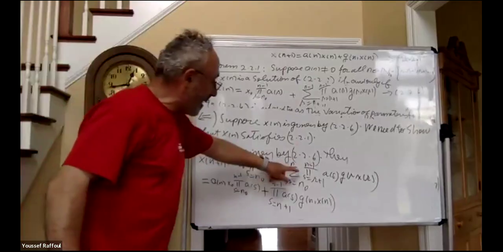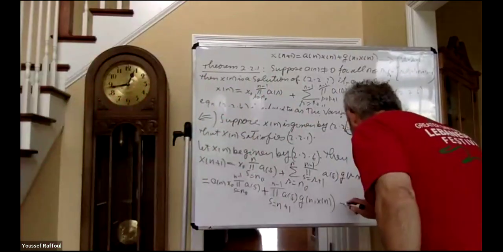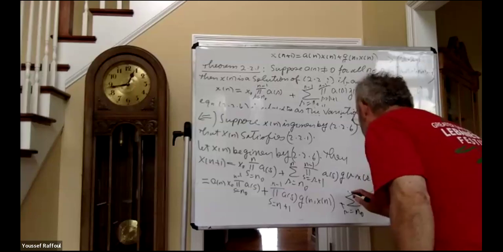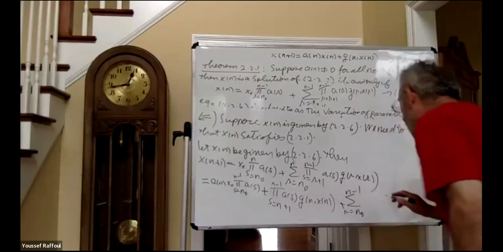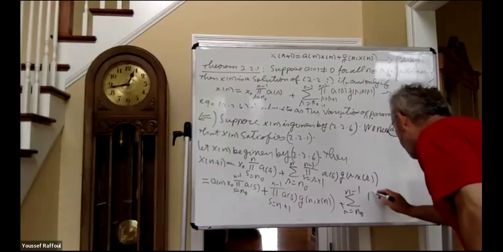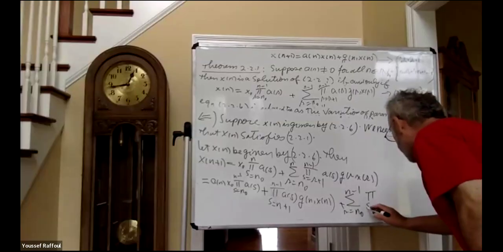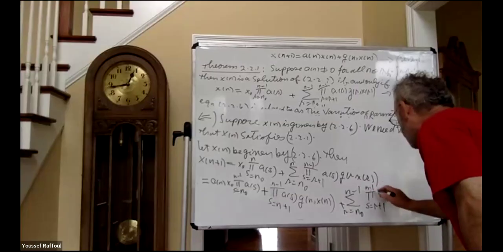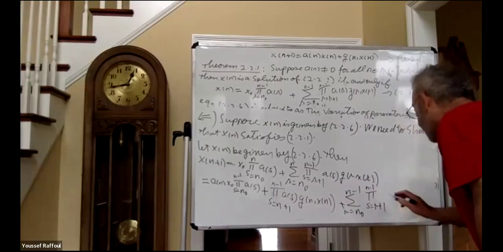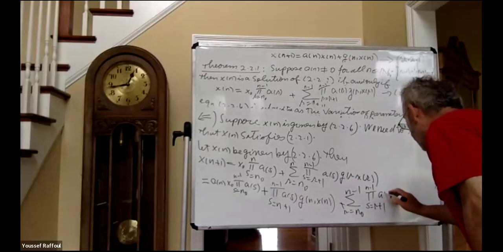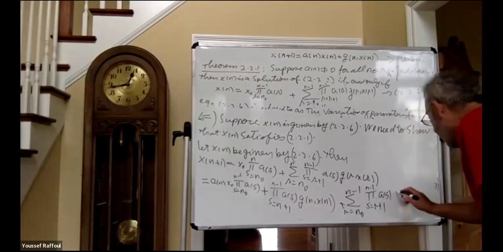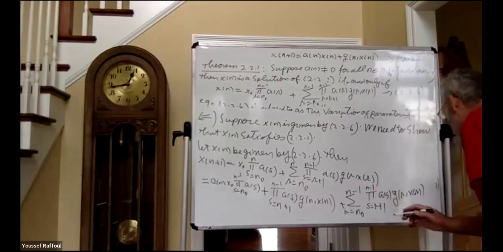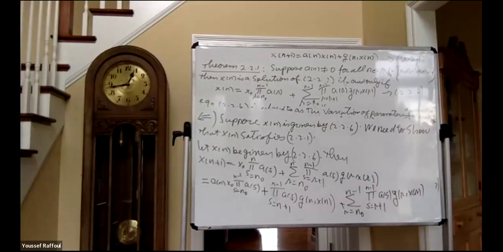This is only at n, plus the rest: the sum over r equal n naught to n minus 1 of the product over s equal r plus 1 to n minus 1 of a_s, times g of r x_r. This is what I have.